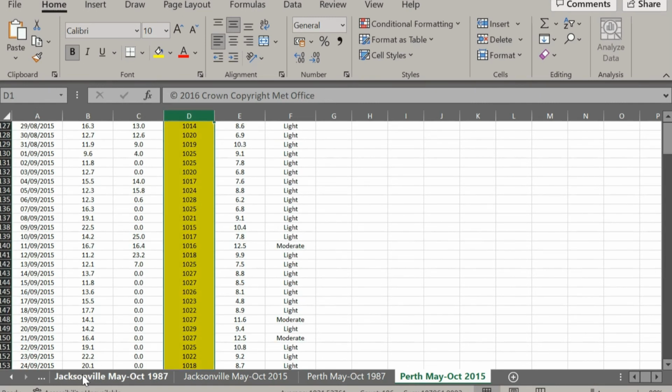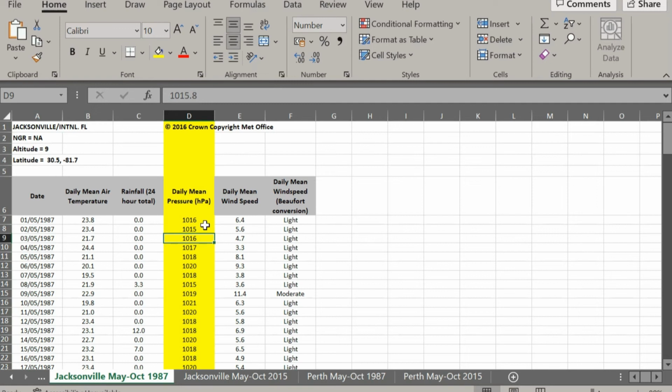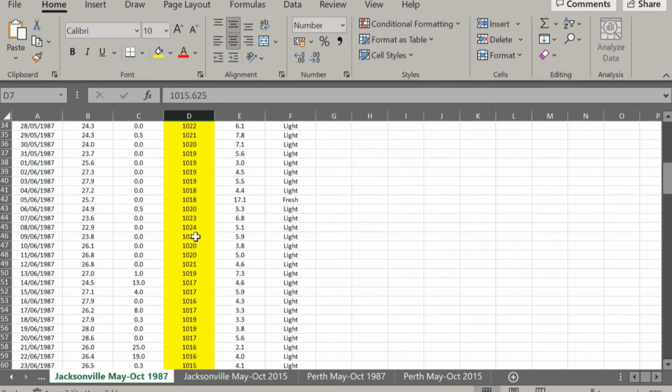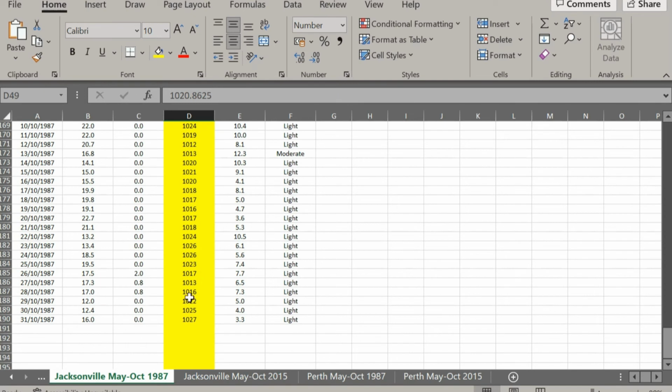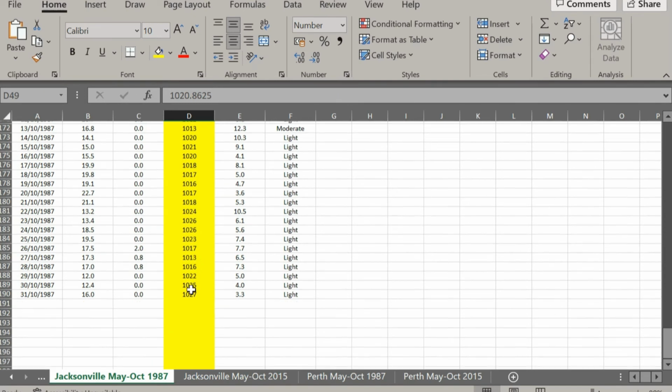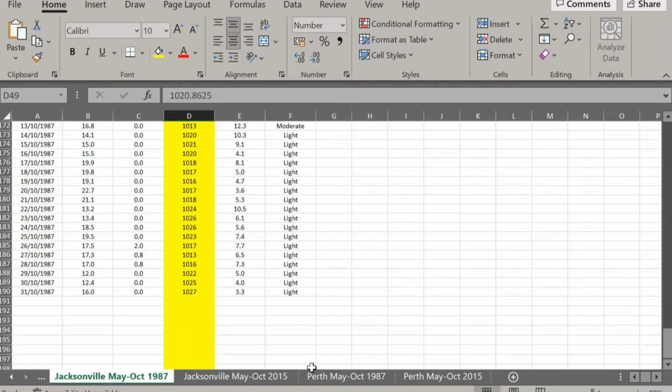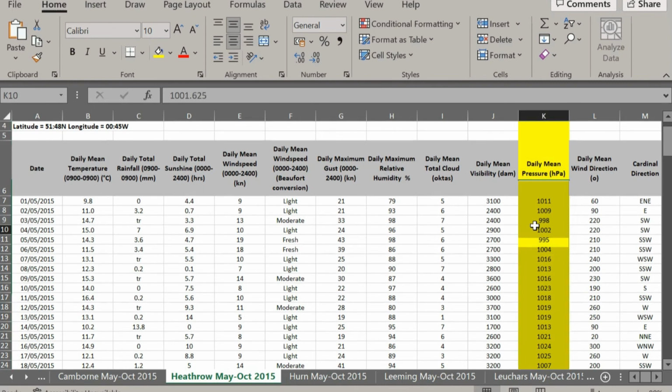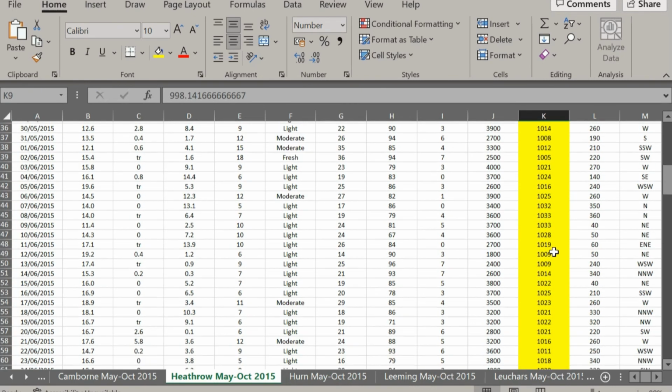Now, if we take a look at some of the UK locations, we've got 1016, and here we've got 1020. They are around about 1020 here. And if we take a look at some more, like Heathrow, we've got 998 for a smallest value.